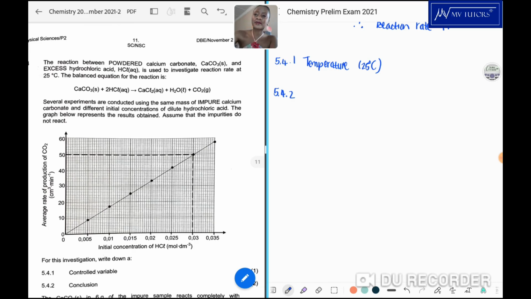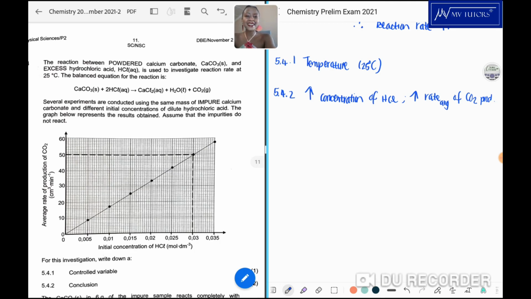Okay, so the higher the concentration, the higher the average rate of CO2 production.